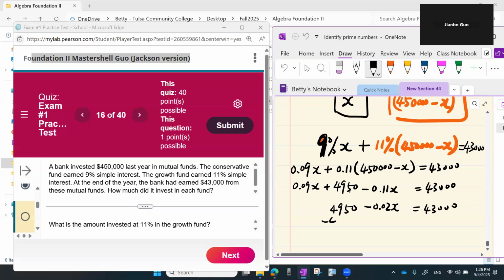And we're going to subtract 49,500 from each side to isolate the variable term. And we're going to have negative 0.02x equals, let's see what it is, 43,000 minus 49,500. Oops, let me do it again. 43,000 minus 49,500.